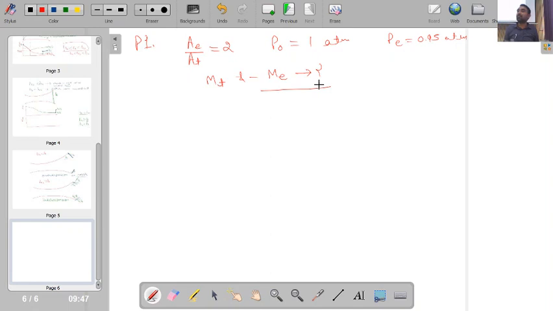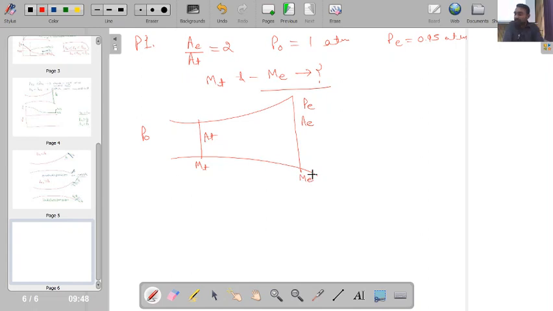So the question is clear? You are having a nozzle. For the nozzle we know that this is our AT throat area, this is our AE exit area. The exit area by throat area ratio is given as 2, then P naught, the pressure at the start, is given as 1 atmospheric, and P exit, the pressure at the exit, is given as 0.95 atm, and you are supposed to calculate the Mach number at the throat and the Mach number at the exit.